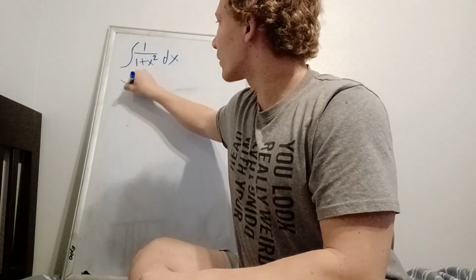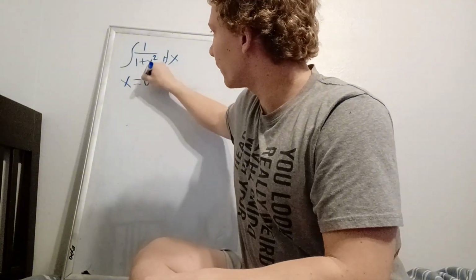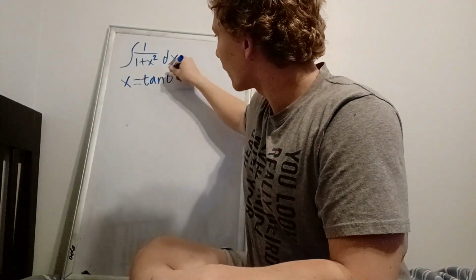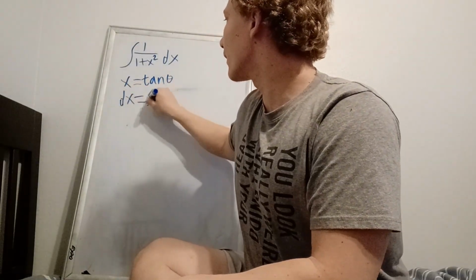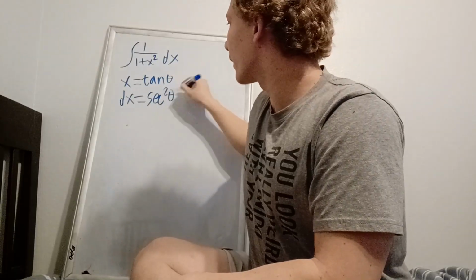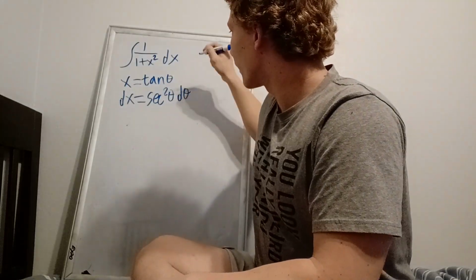This next integral is going to be the integral of 1 over 1 plus x squared dx. Now, for this one, we're going to let x equal a different trigonometric function. This time, x will equal tangent theta, all right? Which means dx is going to be secant squared theta d theta.